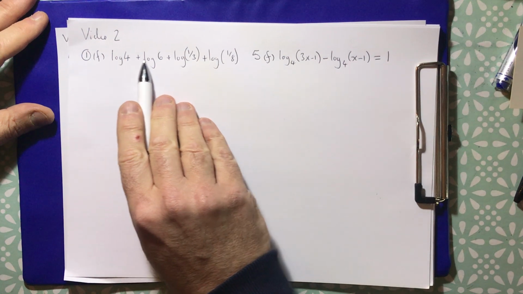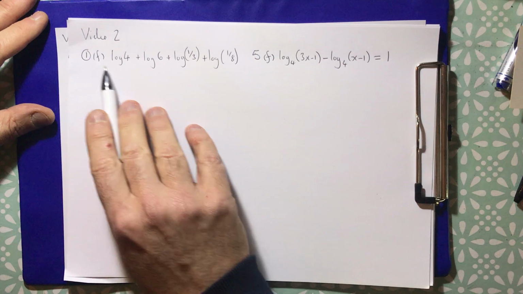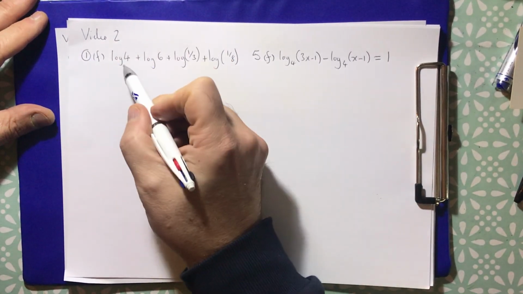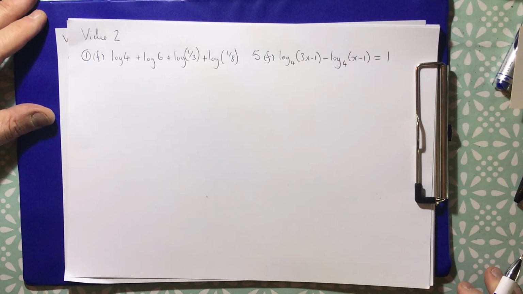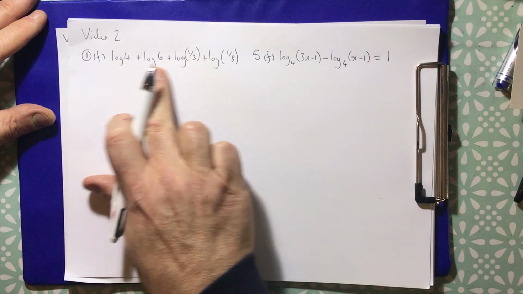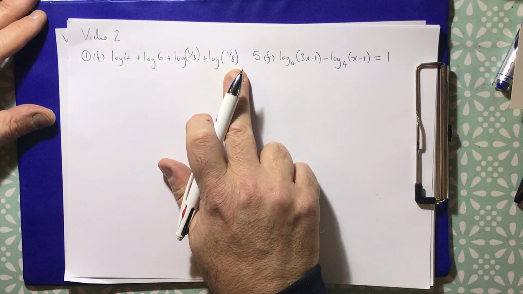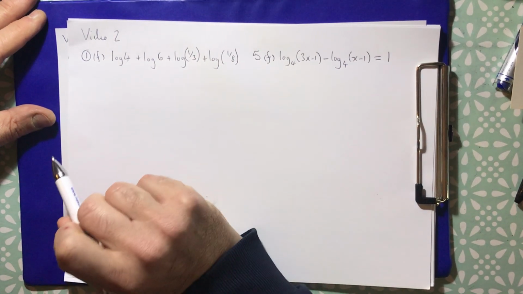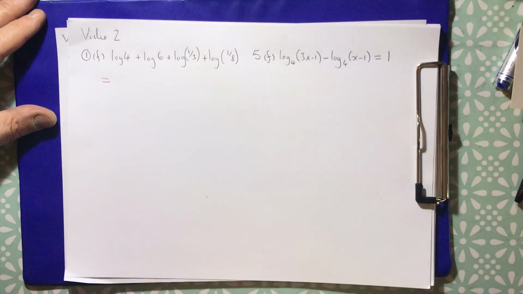Now, with this one, if you look at video 2, this is 1F. They haven't given us a base, so it must apply to any base, because they're all the same. Log quite often stands for log to the base 10, but it's irrelevant with this one. If I did log of 4 plus log of 6, remember it's the opposite rules to indices.